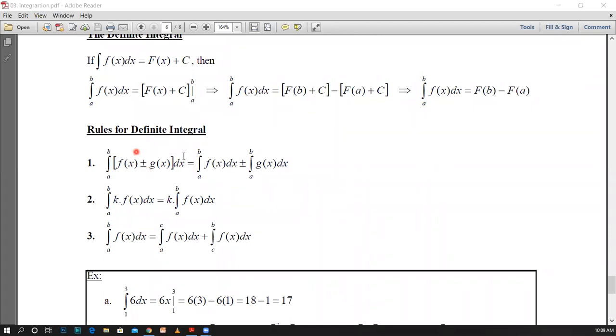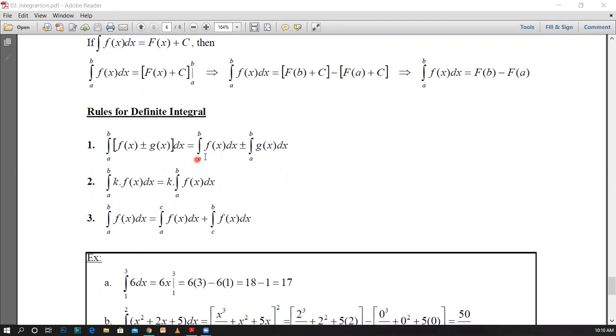Here also, you can integrate the functions separately and then perform the addition or subtraction accordingly. For these two integrals separately, you have to evaluate the upper limit as well as the lower limit.